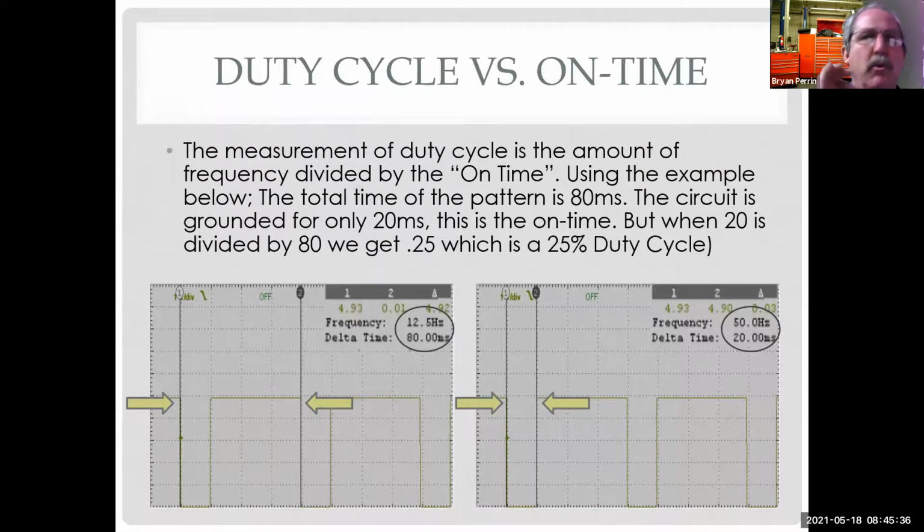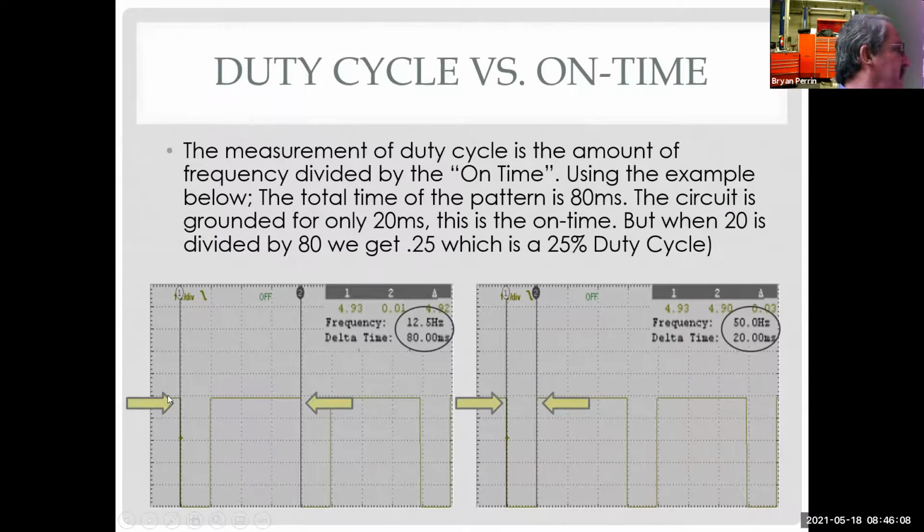Okay. So I'm going to show you how this works right here. I have two scope patterns here. On each of these scope patterns, I have taken a measurement and used what are called cursors. You can see number 1 and number 2. My delta time is the time in milliseconds between my two cursors. I've got 1, 2, 3, 4 divisions separating my two cursors, which means each division has to be 20 milliseconds.